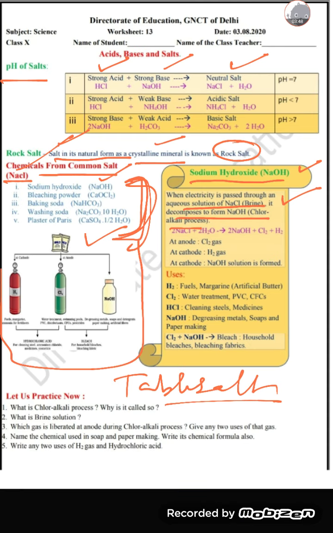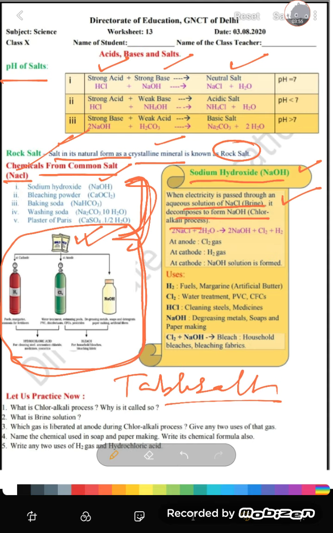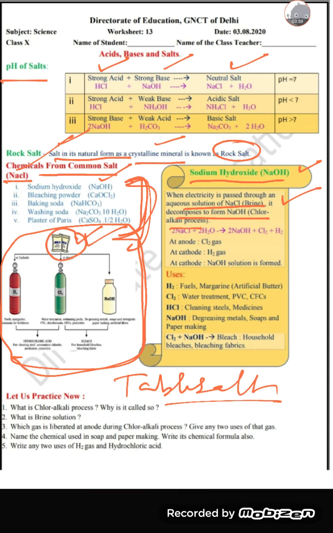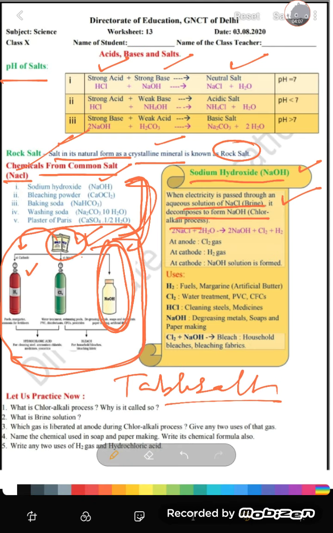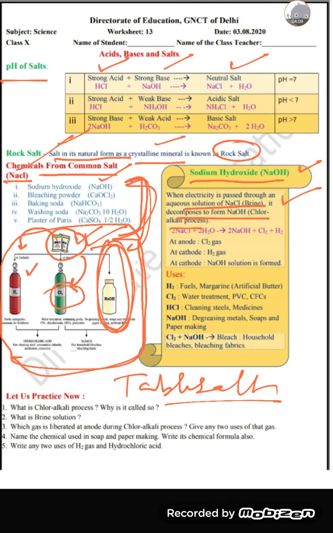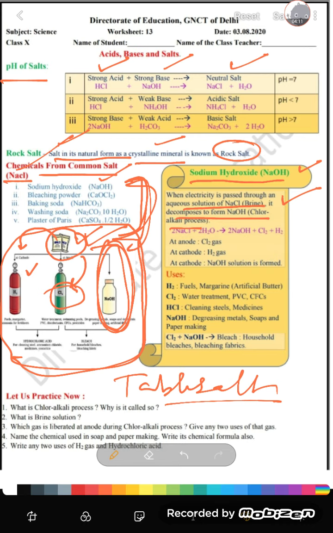This is the arrangement we have for the chlor-alkali process. Here you see the aqueous solution of salt. When electricity is passed through it, it decomposes and forms sodium hydroxide, and hydrogen gas is collected at the cathode and chlorine gas is collected at the anode, right?